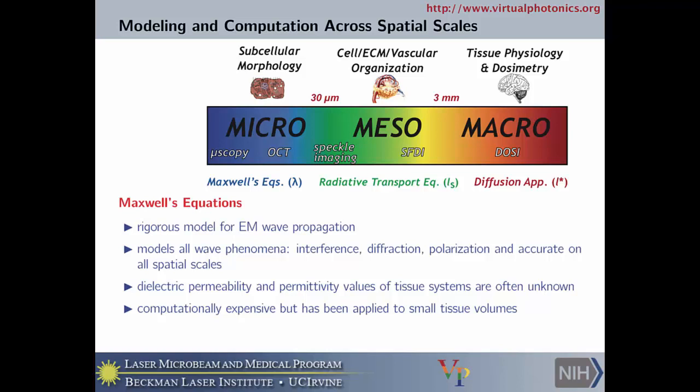And the tissue volumes that they're able to consider are still fairly small, cells and cell aggregates, maybe no more than volumes that are 50 cubic microns on each end. So very small, and they take literally thousands of hours to solve because of the computational expense.